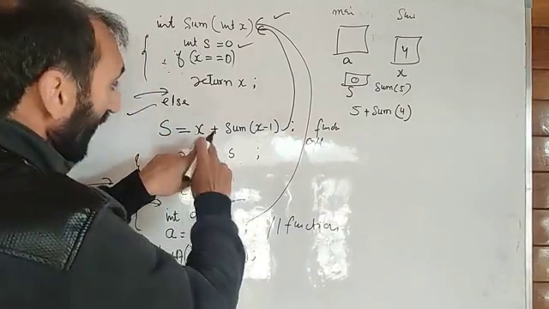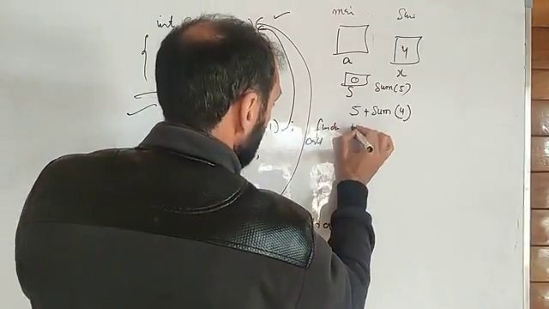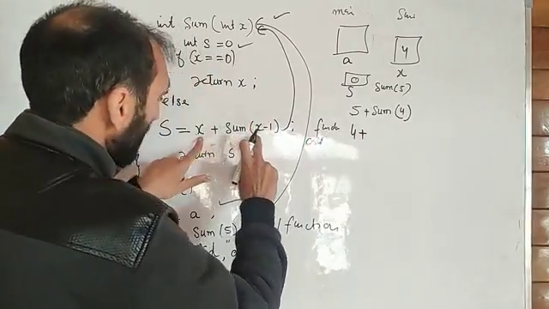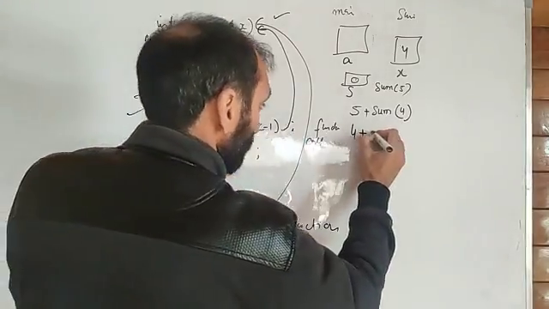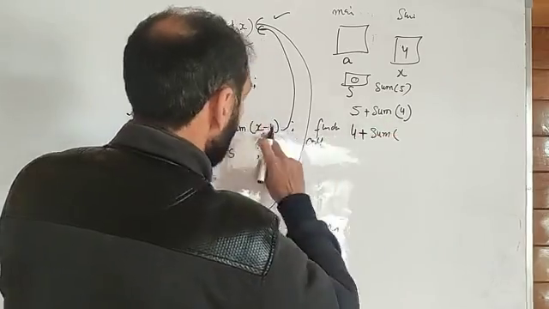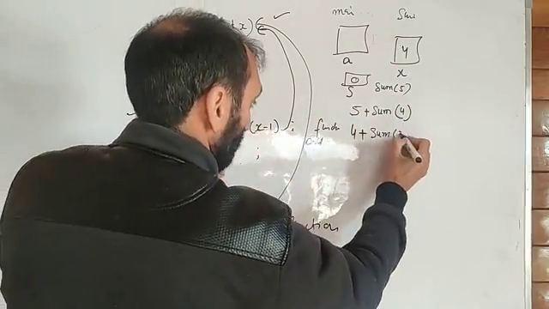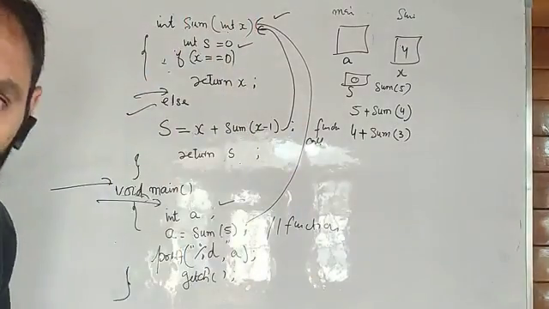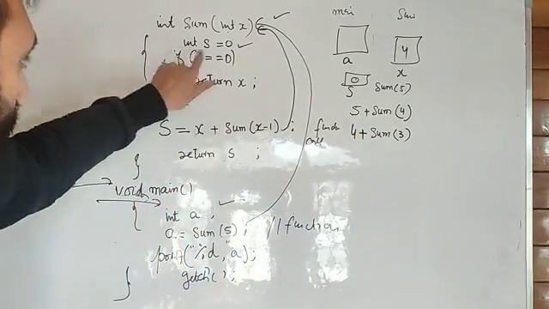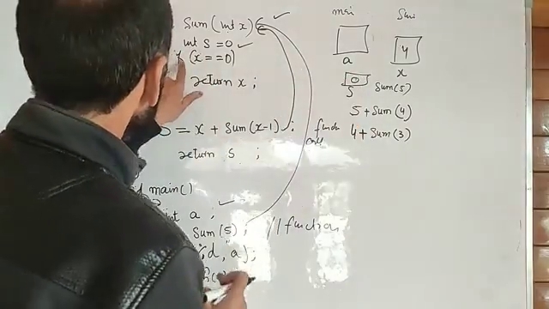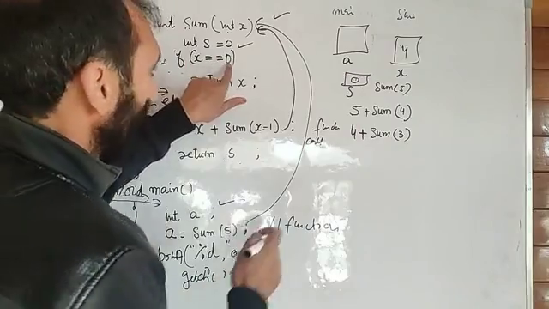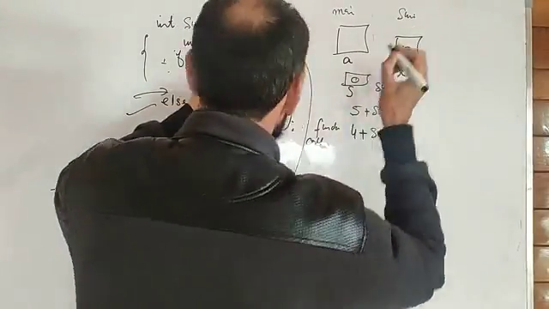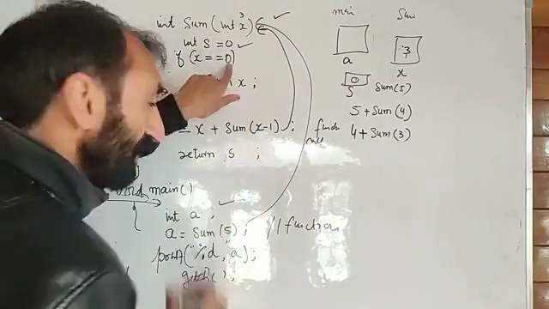S equal to x, now x contains 4, plus sum x minus 1. X was 4, 4 minus 1, now it is 3. And again the function is going to be called. Now x contains 3.